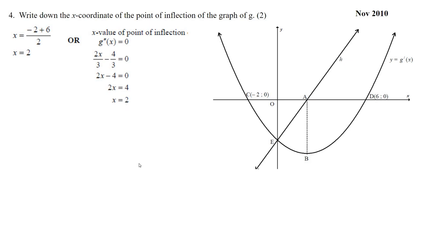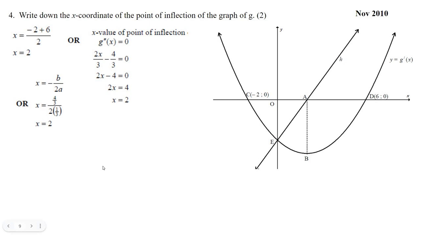I think that's kind of a hard way to do it. You could go, hey, this is a parabola. I've got the equation of this parabola, this derivative, and all I have to do is go minus b over 2a. And that would give me 2 as well if I've got the equation of this derivative. I should have written them down.